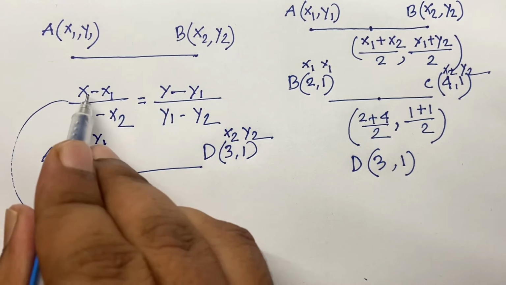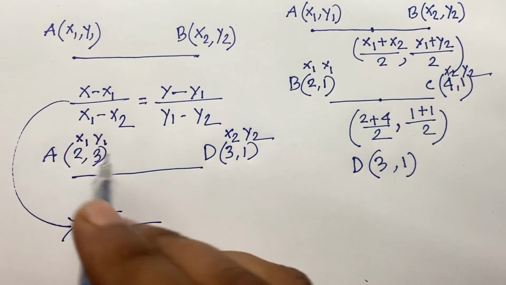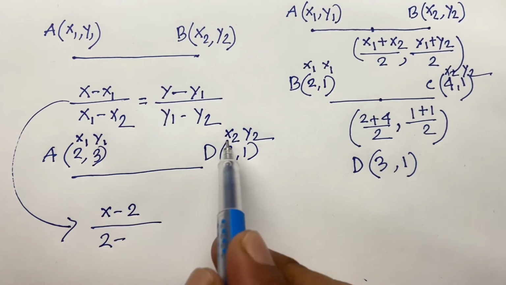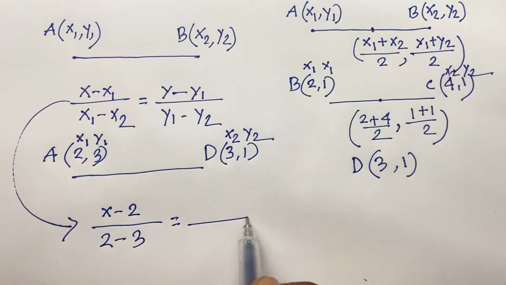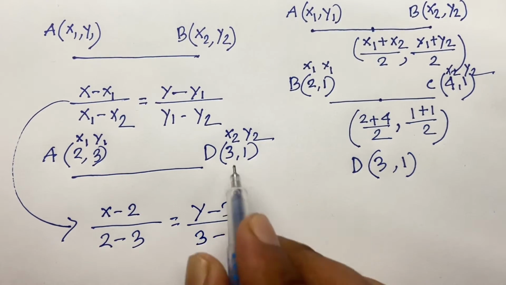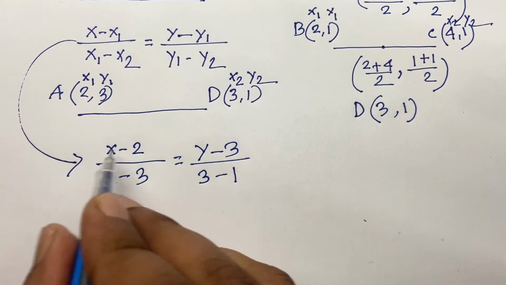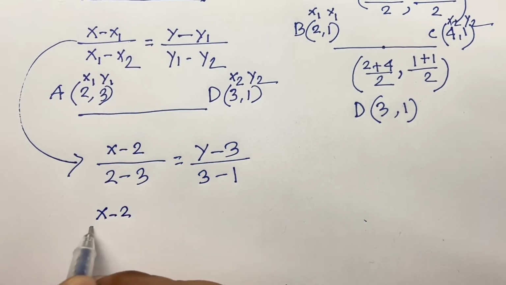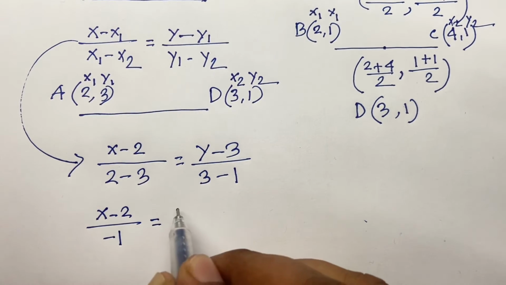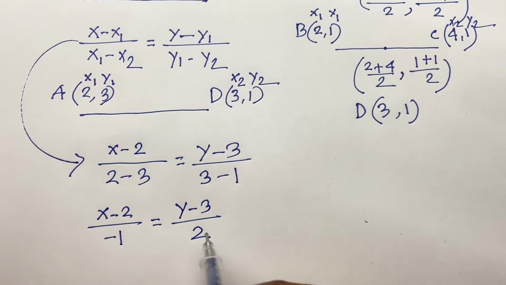Now here is x minus x1, x1 is 2 and x1 minus x2, x2 is 3, is equal to y minus y1, y1 is 3, and y1 minus y2, y2 is 1. Now we find here (x minus 2) over (minus 3 plus 2), which is minus 1, is equal to (y minus 3) over 2.